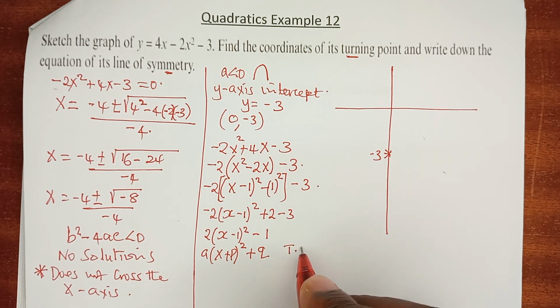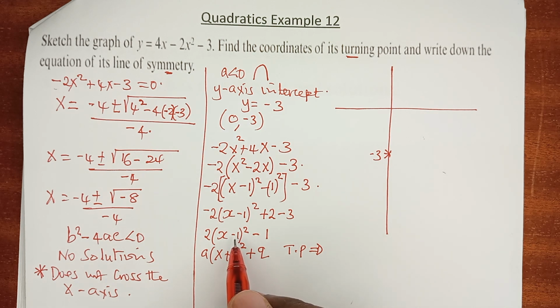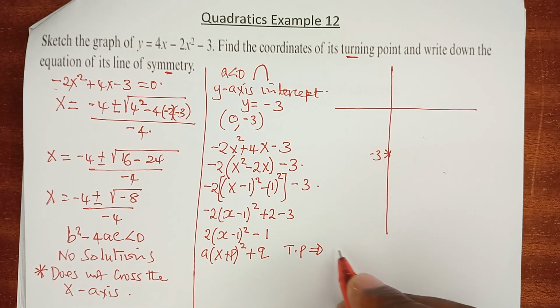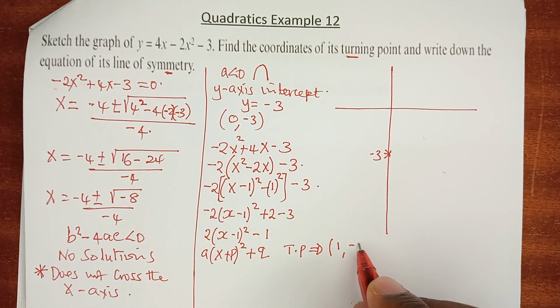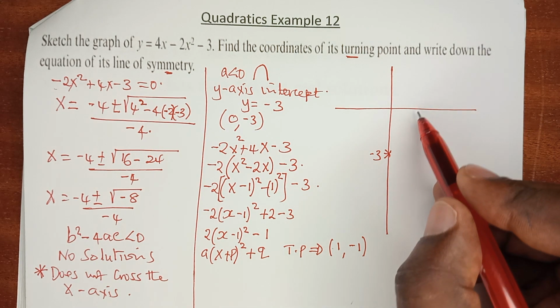So the turning point is actually (minus p, q). Our p is negative 1, so minus negative 1 is 1, and q is negative 1. So we have the turning point at the point (1, negative 1).